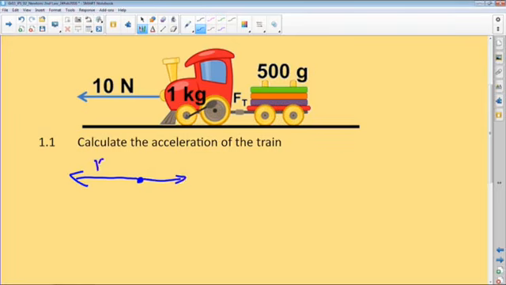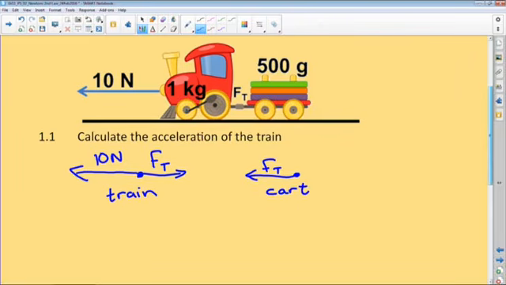So what I've got here is 10 newtons pulling to the left and tension to the right. So this is for my train. Then for the little cart, all I've got acting left and right, oh, and I can't draw straight today, is my tension acting to the left, and that is my cart. Okay, so I've got my force diagrams now.